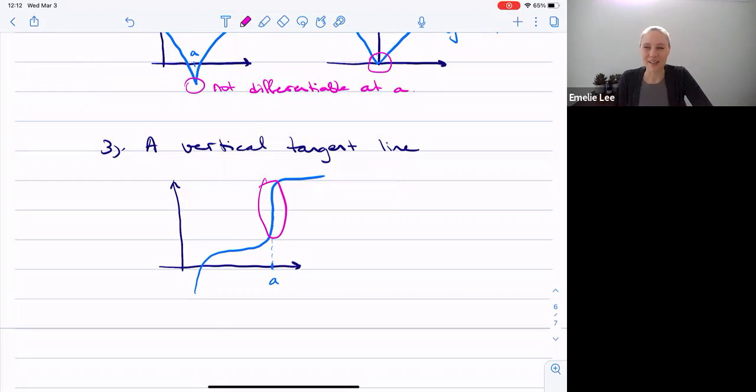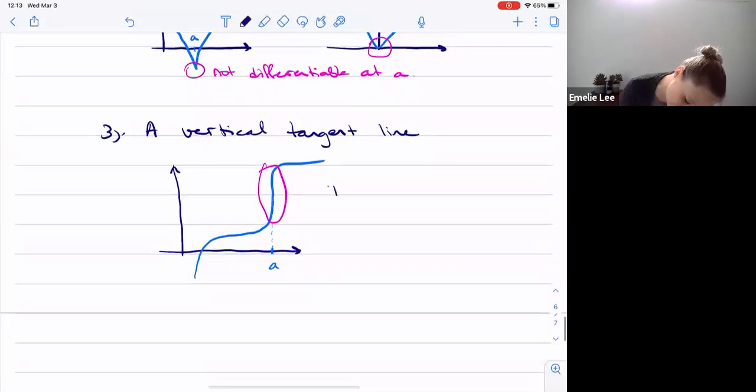With a vertical tangent line, if you think about the slope, the tangent line has a slope and the slope is the derivative, but the slope is rise over run. If there's no run, so straight vertical, then I'm dividing by 0. And so this thing doesn't exist here because I would have to divide by 0, which I can't do.